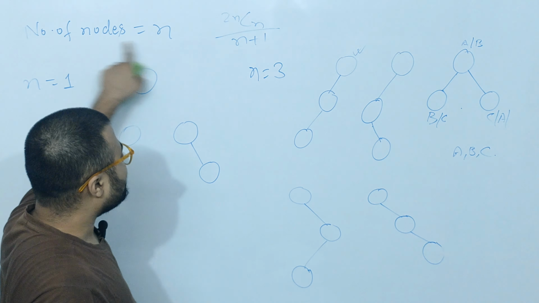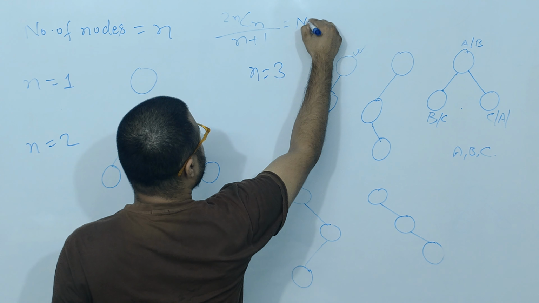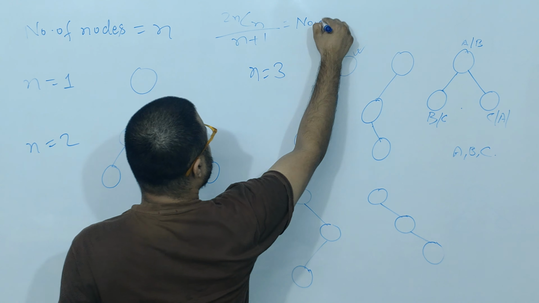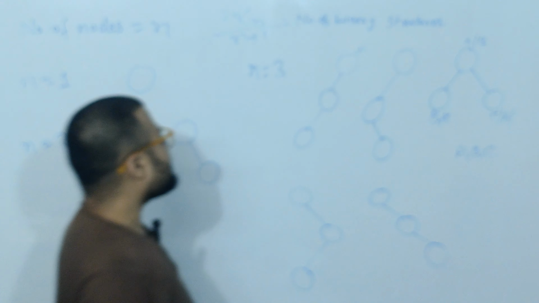So with n nodes, this is the number of structures. This is equal to the number of binary structures.